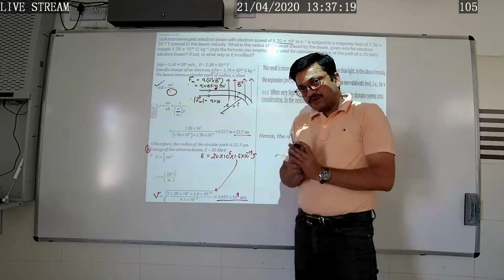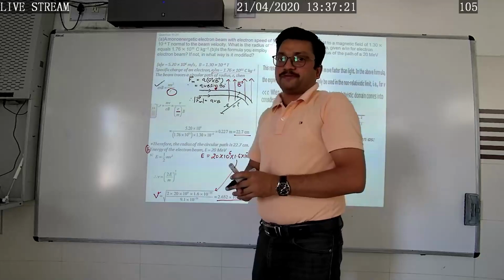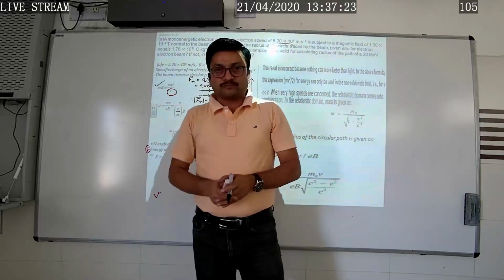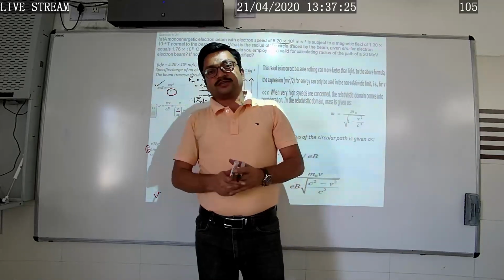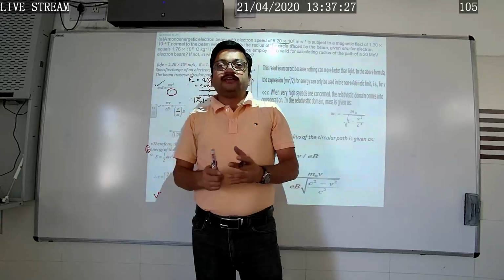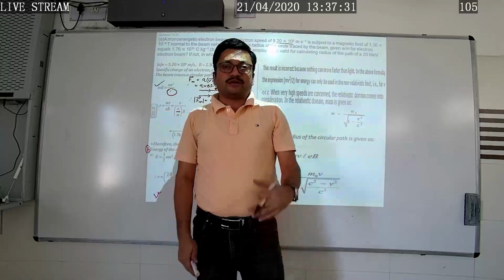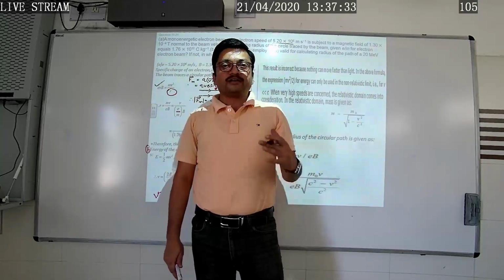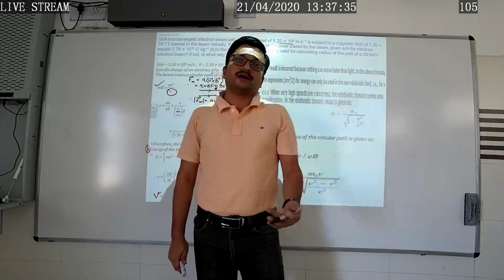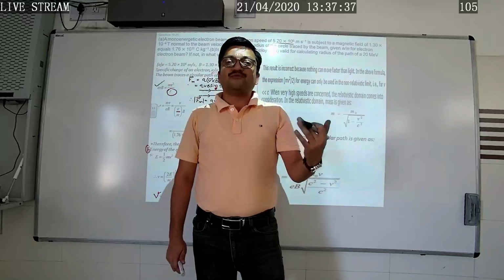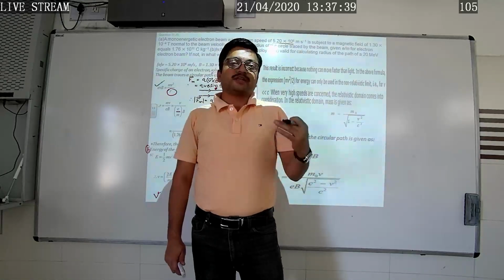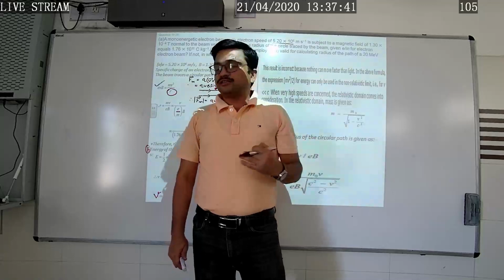Now the speed of the electron becomes 10 to the power 9 meter per second, which is not possible, because according to Einstein's theory of relativity, nothing can move with a speed greater than the speed of light. If it is moving under that condition, we have to apply the relativistic formula in order to calculate the speed.